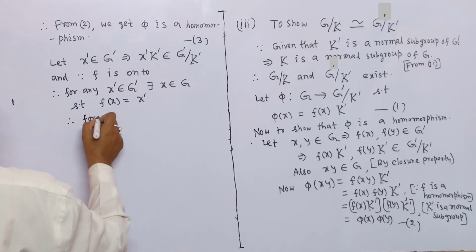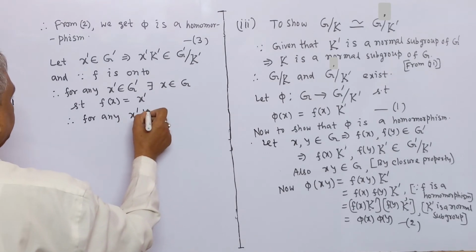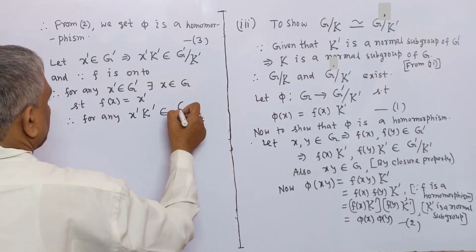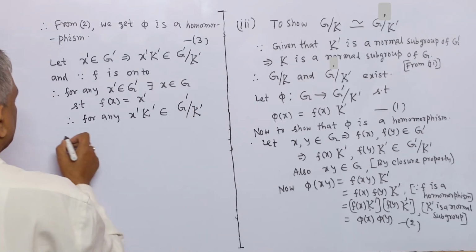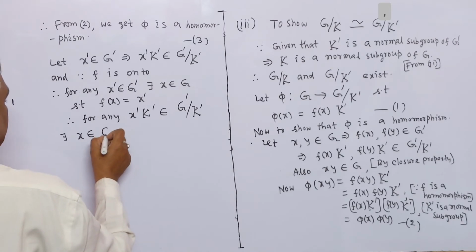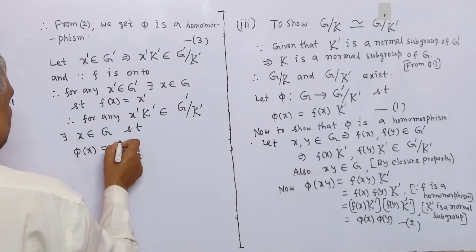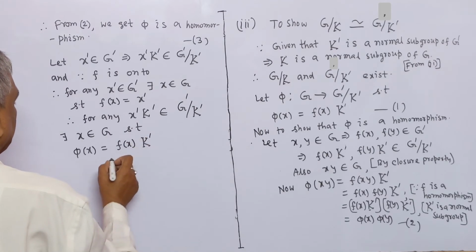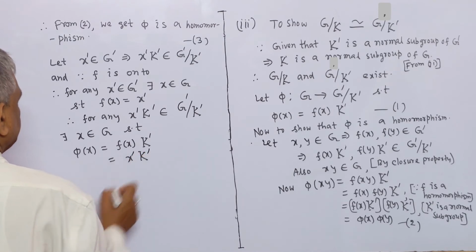Therefore, for any x' K' belonging to quotient group G' by K', there exists x belonging to G such that phi(x) equals f(x) K'. This equals x' K'.